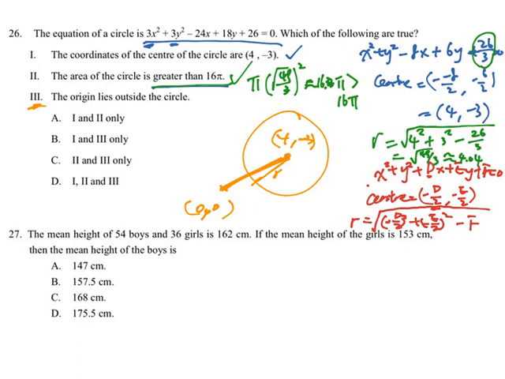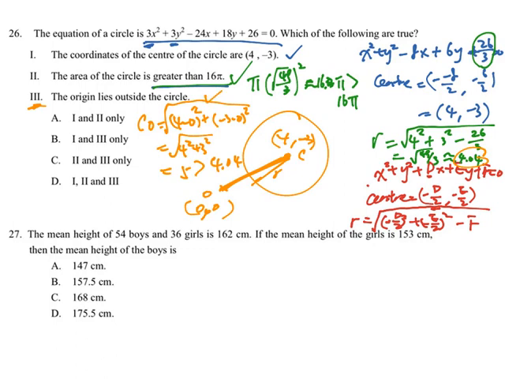For example, this point we call C, the origin is O. The distance CO is the square root of 4 minus 0 squared plus negative 3 minus 0 squared, so the square root of 4 squared plus 3 squared. Actually it is 5. So you can see the distance between the origin and the center is 5, which is greater than the radius. The radius is 4.04. So that means it's outside the circle. So 1, 2, 3, all correct.